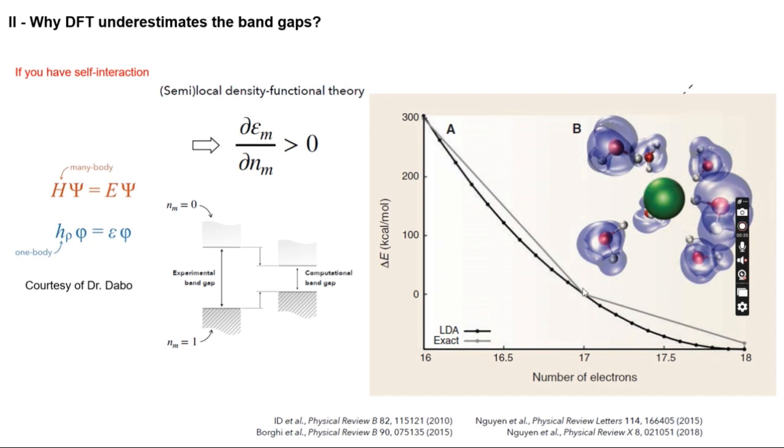This means that if the orbital is unoccupied, such as the case of the conduction band, this first derivative here is too negative compared to the half-occupied derivative, which implies that the energy of the conduction band would be underestimated in the DFT calculations.